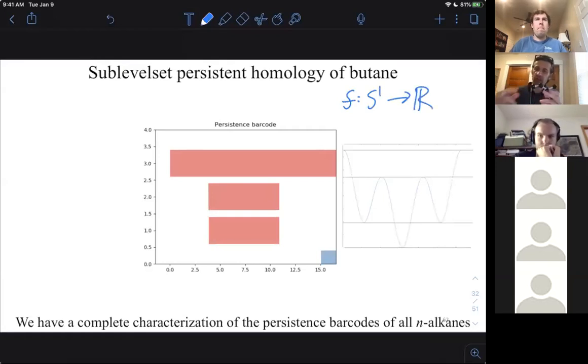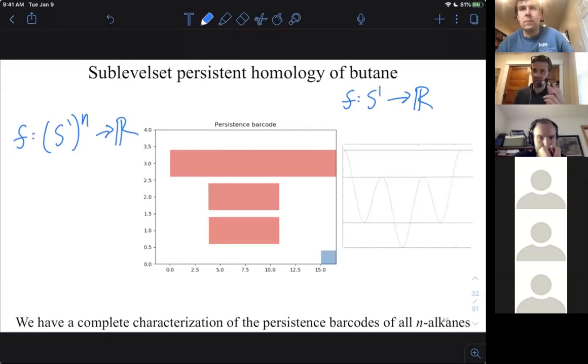So for butane with only 4 carbons, there's really 1 degree of freedom. But more generally, we're going to get this function from an n-dimensional torus to the real line, where n is the number of these interior dihedral angles.